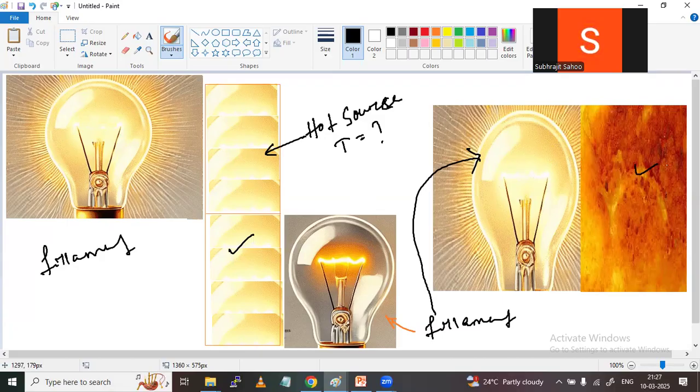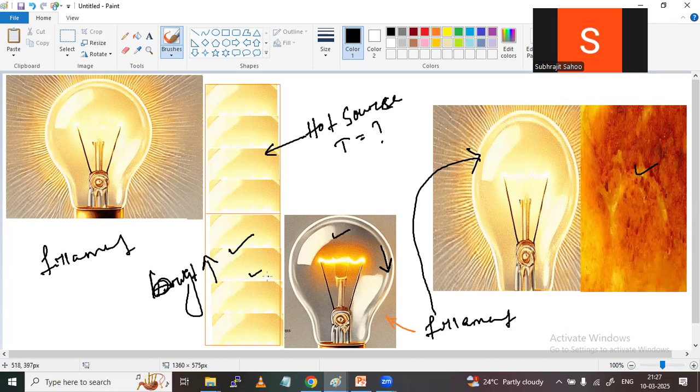So what are the three cases here? The first case is when the hot source brightness is more and the filament brightness is less. That means we can easily compare the brightness between the hot source and the filament.